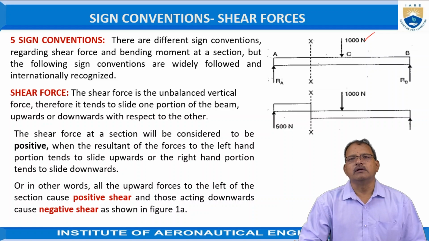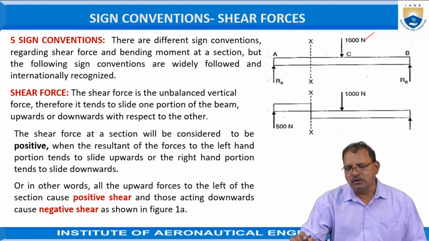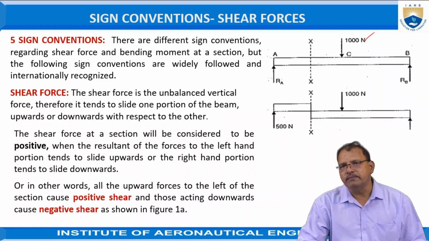Here we always consider whether it is positive or negative, generally by considering the left-hand side portion of the beam. That means with respect to the left-hand side portion of the beam, the load at C tends to slide the beam downward with respect to the axis. Hence, this force is treated as a positive force.